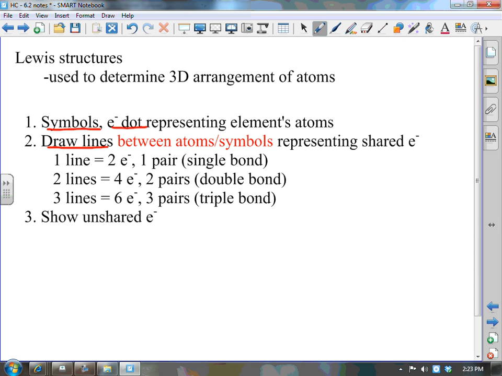So we're talking about drawing 1, 2, or 3 lines to represent a single bond, a double bond, or a triple bond. And the last thing, we want to show any unshared electrons, any electrons that were left over that did not get used up in the bonding. When we actually look at these, hopefully this looks a little bit familiar. You got exposed to it a little bit in physical science, so it's hopefully not too big of a deal.